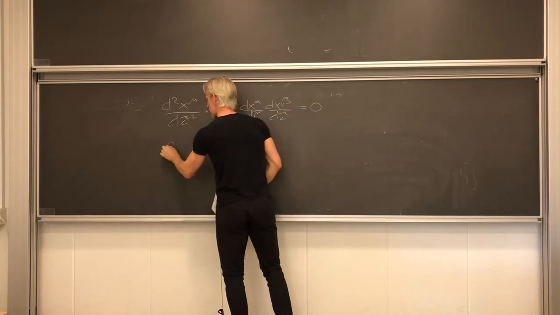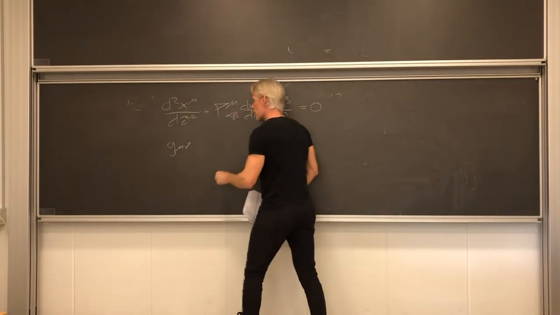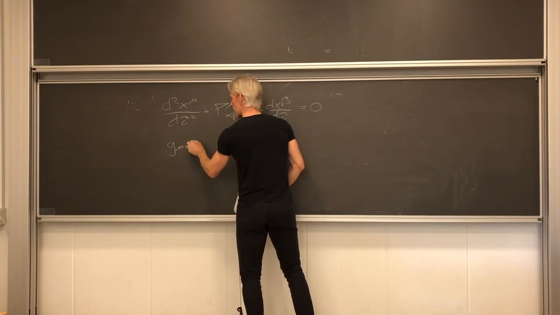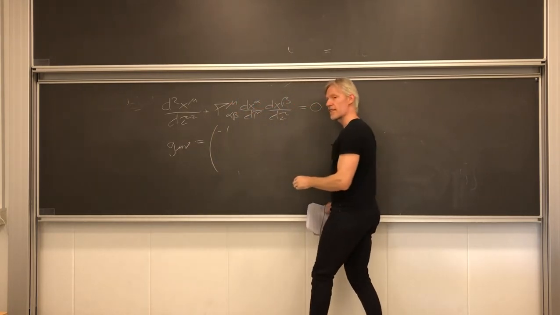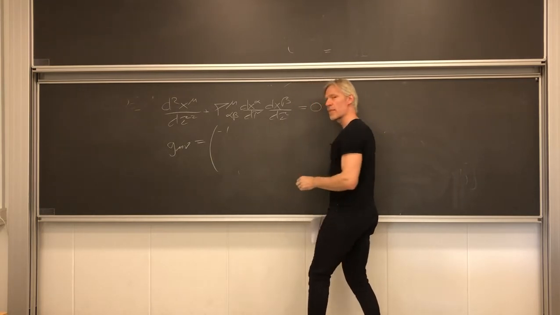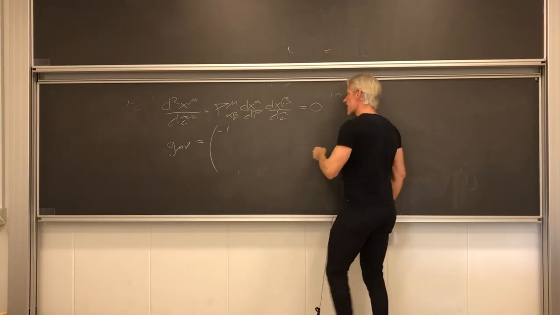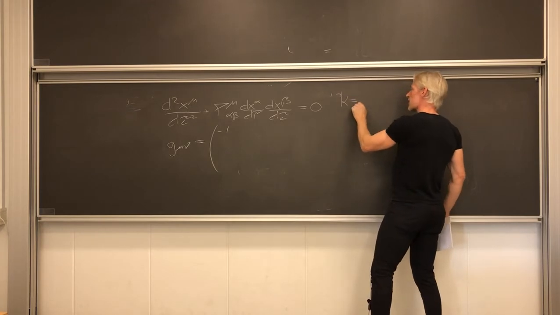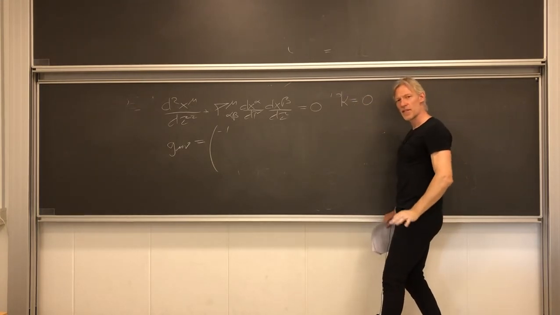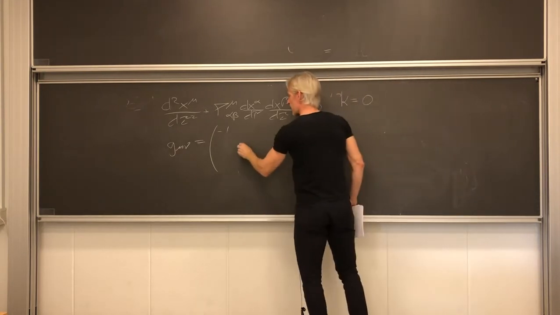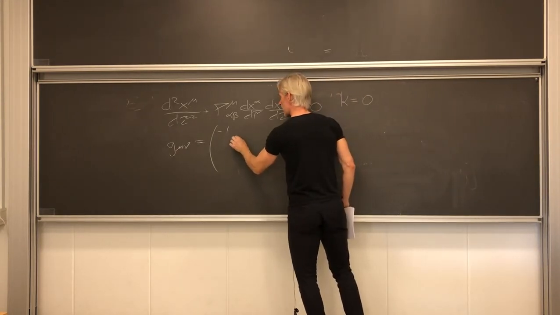I know that g mu nu can be written as -1, and then I have this three-dimensional metric here. Let's stick to, just like Dodelson does, the k equal to 0 case for now, just for simplicity.